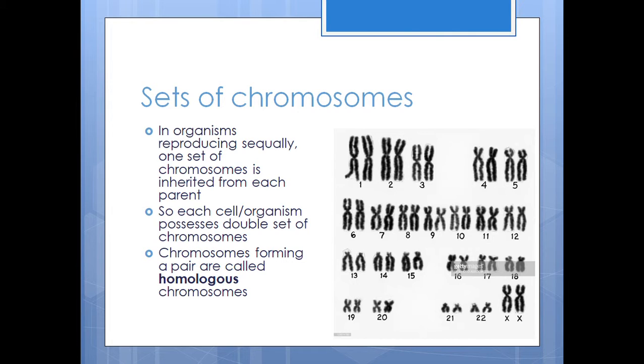This is not accidental. It comes from the fact that if an organism is reproducing sexually, one set of chromosomes will come from each parent. So actually, we are not having one set of chromosomes. We are having two of them, each of them obtained from one of the parents.